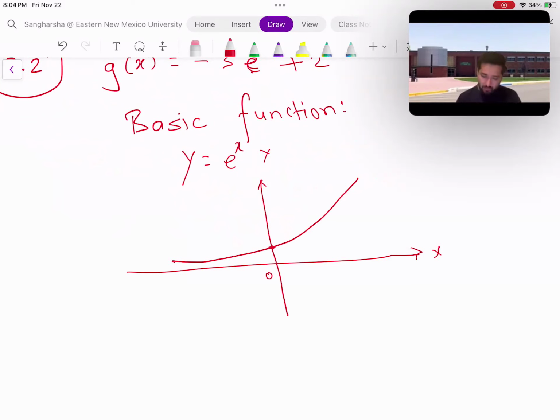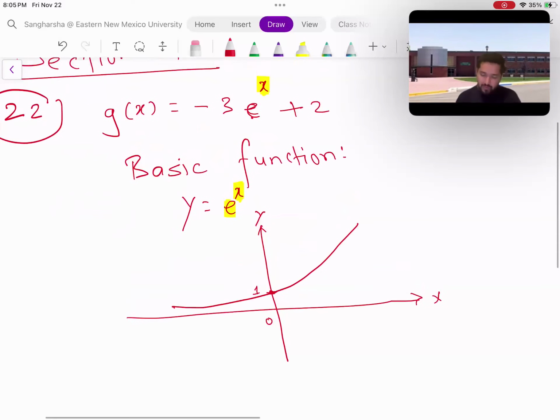How do we find the y-intercept? We substitute 0 for x. So we have e to the power 0, which is 1. Our y-intercept is 1, so this is the point (0, 1).